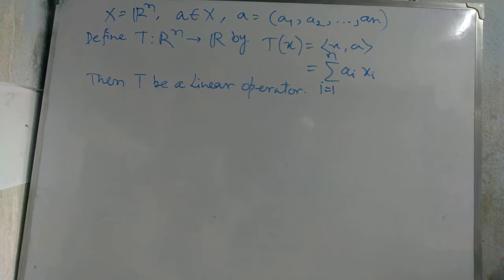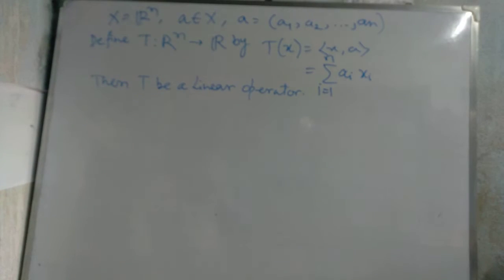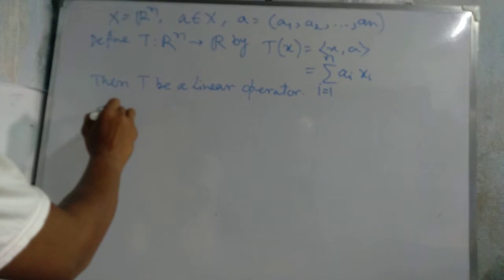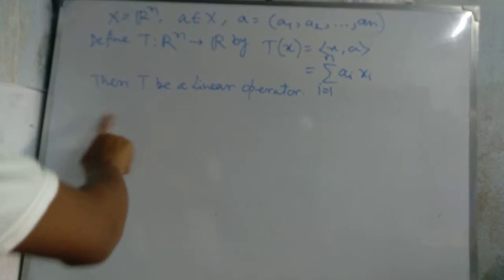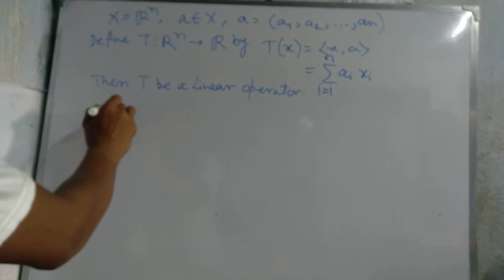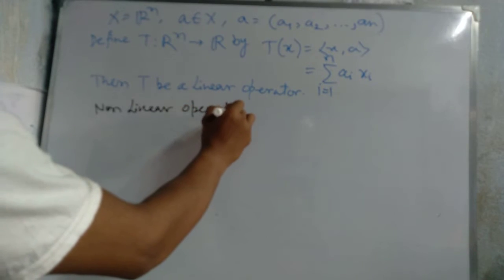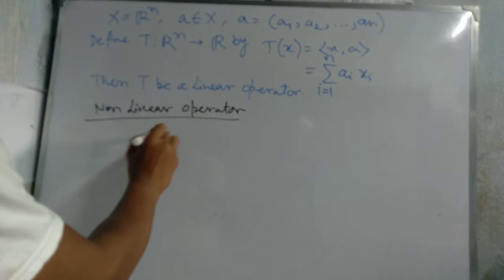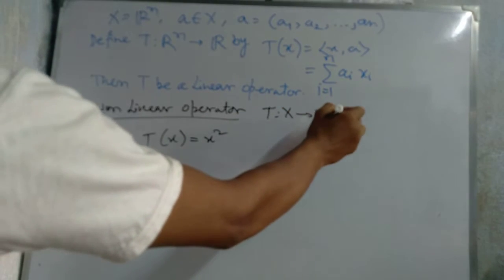Next we discuss some non-linear operators. Consider Tx equal to x square, T from R to R defined by this.